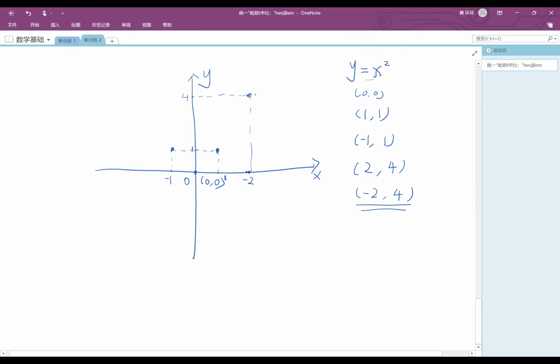Negative 2 will be on the left side, and this is 2, and this will be negative 2. So now we can get these points, and all of these points satisfy this equation, right? So we can get the graph of this will be like this.